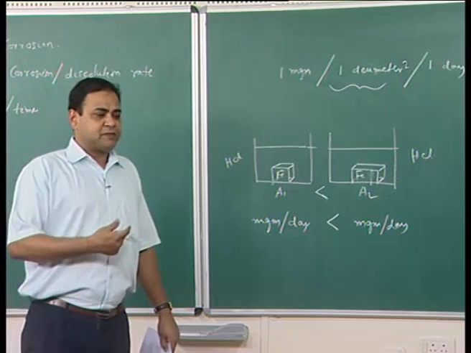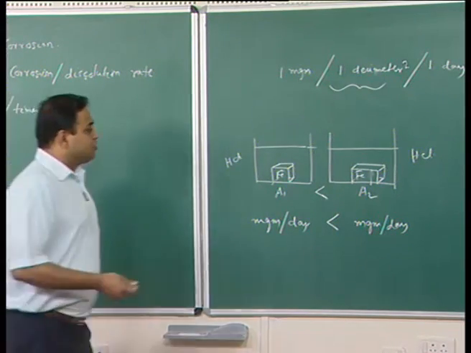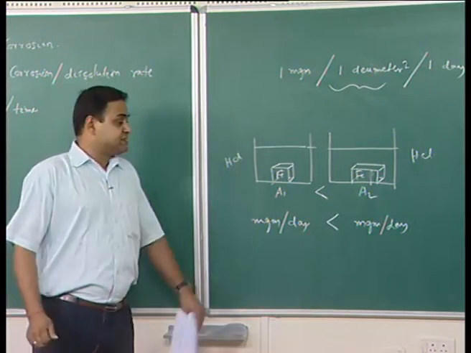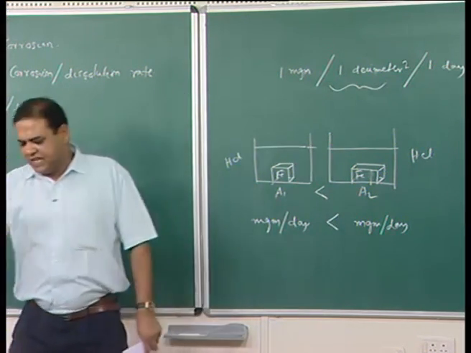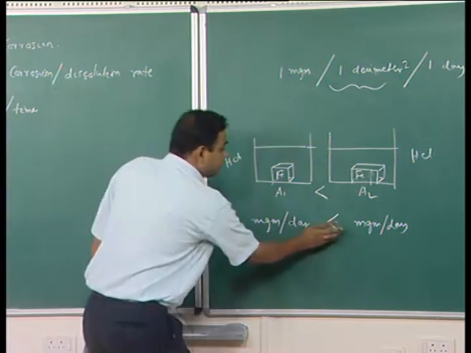So, more surface of the same material would lead to more dissolution. In this case the weight loss is more, but the corrosion rate should be the same for both cases, because you are not changing anything except the area. So, how to make it same?